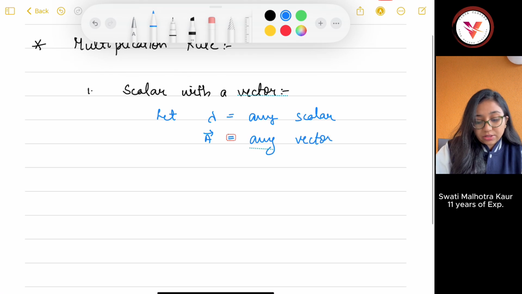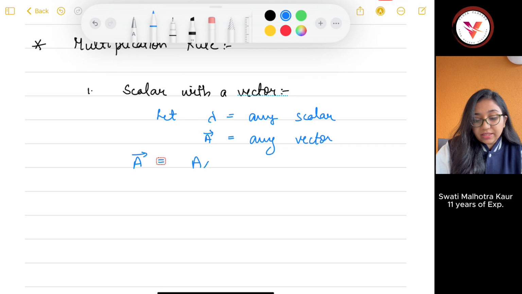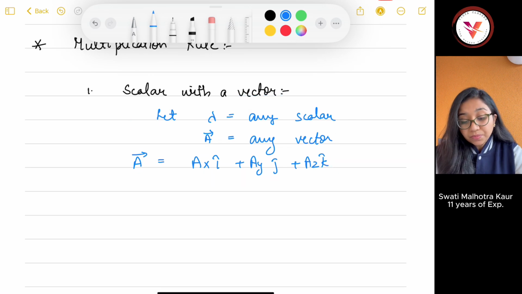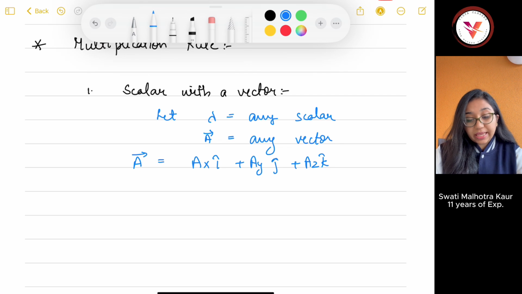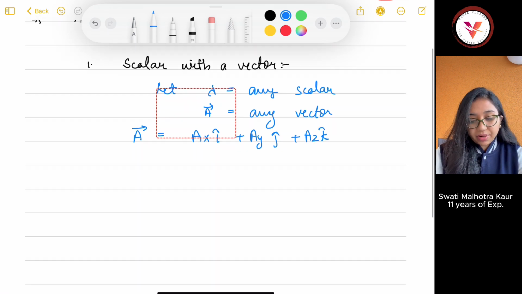Now this a vector has components in the x, y, z directions, that is ax i cap plus ay j cap plus az k cap. In the last video I explained resolution, so this can also be written as a cos theta i cap plus a sin theta j cap, or a cos alpha i cap plus a cos beta j cap plus a cos gamma k cap. You can revise that in our previous video.